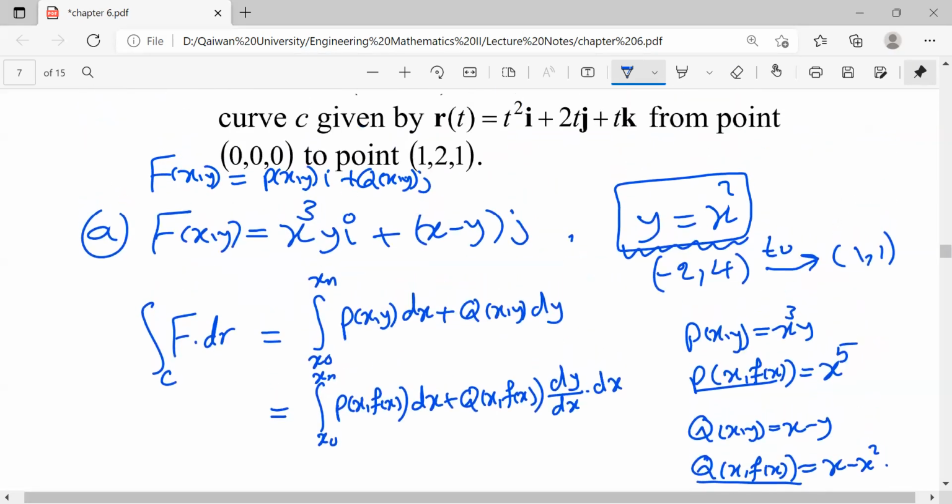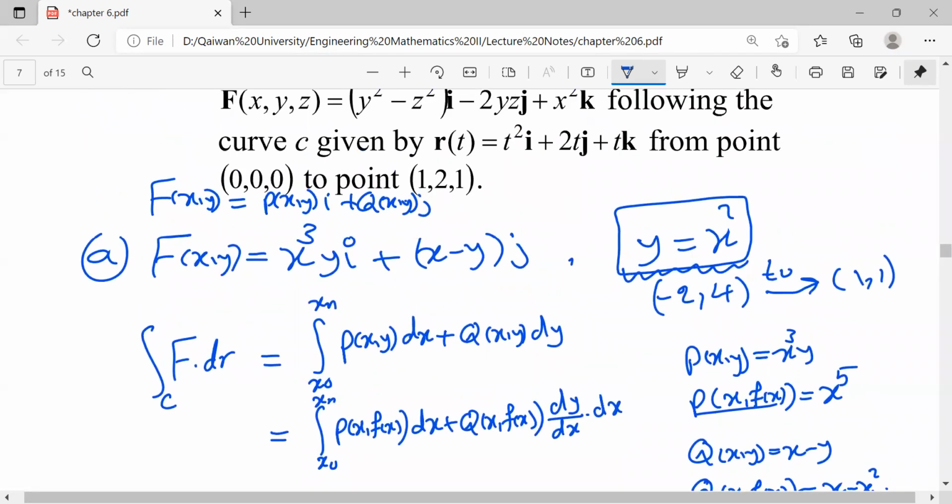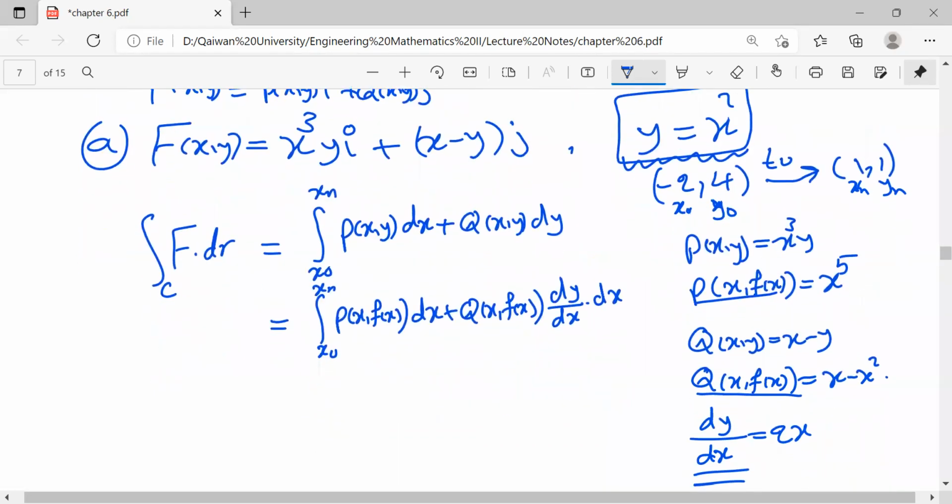How about x0 and xn? It's given that it's x0 and y0 to xn and yn. So x0 is -2 and xn is 1. We don't take the values of y because the integration is with respect to x. It's not with respect to y. Since we take the integration with respect to x, we must take only the x values for the limits for the integration.